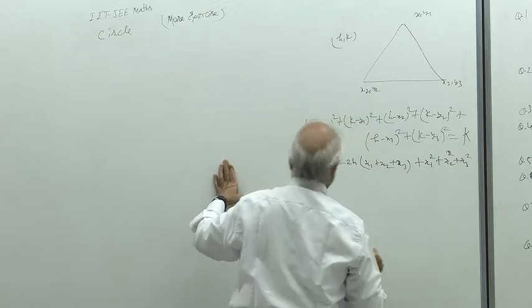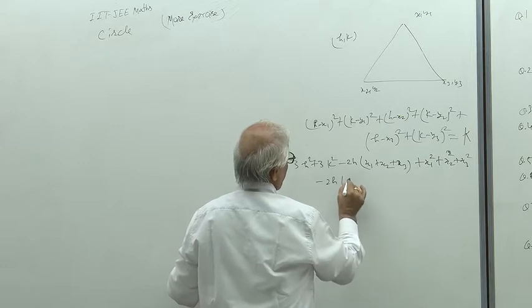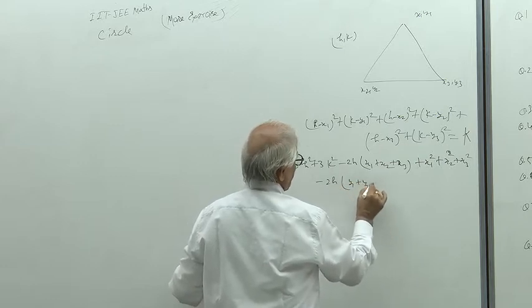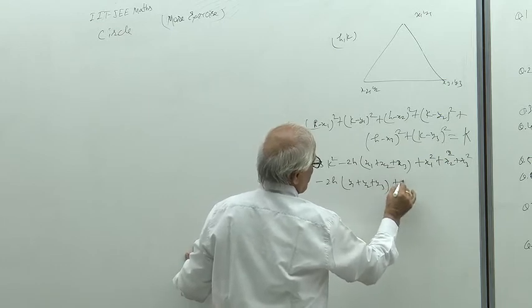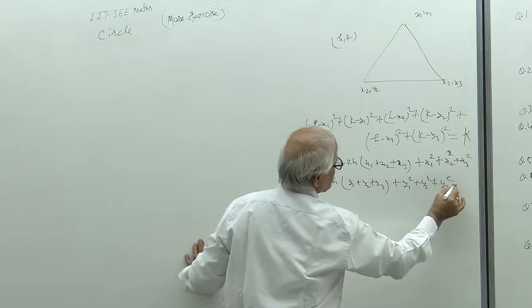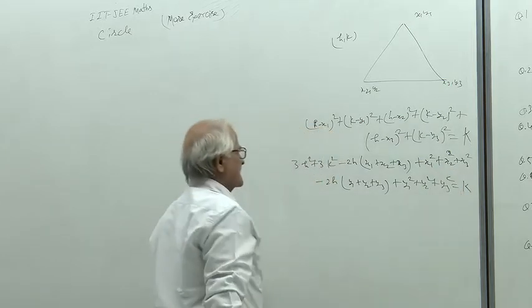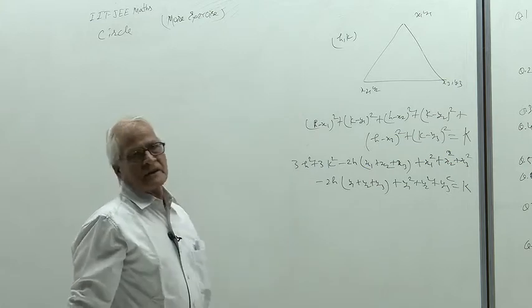Similarly with the y: minus 2k times y1 plus y2 plus y3. And here also y1 square, y2 square, y3 square. This is constant k. If you generalize h, k, we have the required locus.